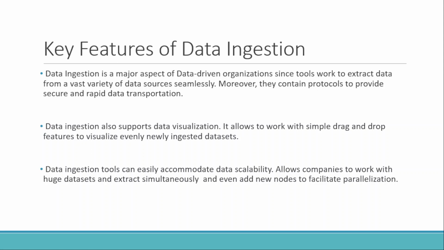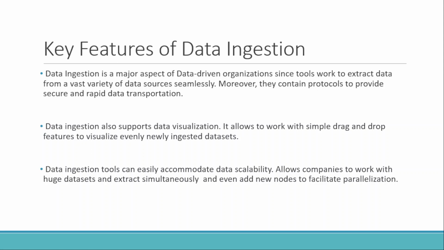Now, data ingestion is a major aspect of data-driven organizations, since the tools work to extract data from a vast variety of data sources seamlessly. A common problem that organizations typically face is how to gather data from multiple sources in multiple formats. So we need to understand how to move data from one or more data stores.